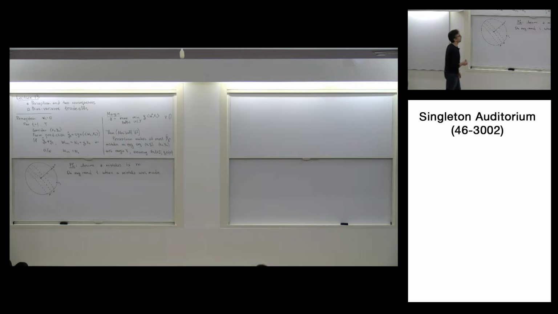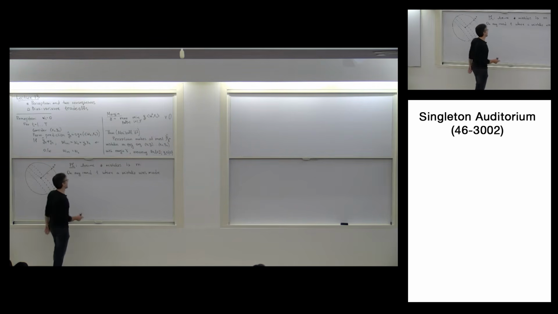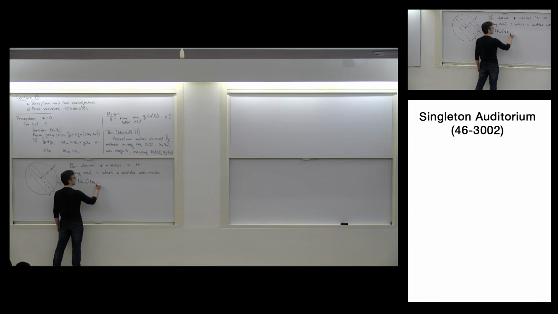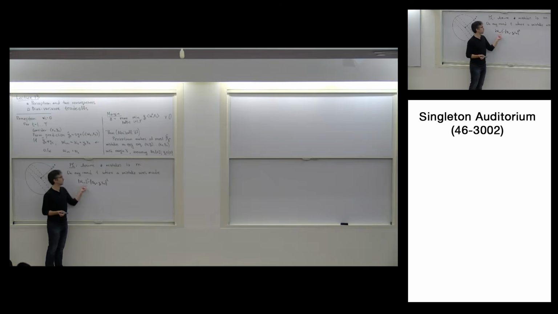Okay, so on any round t where a mistake was made, what we have is the following. The norm of w_{t+1} squared is the norm of w_t plus y_t x_t squared, because the update was performed. So if on round t there was a mistake, w_{t+1} is now of this form, so I'm just substituting.